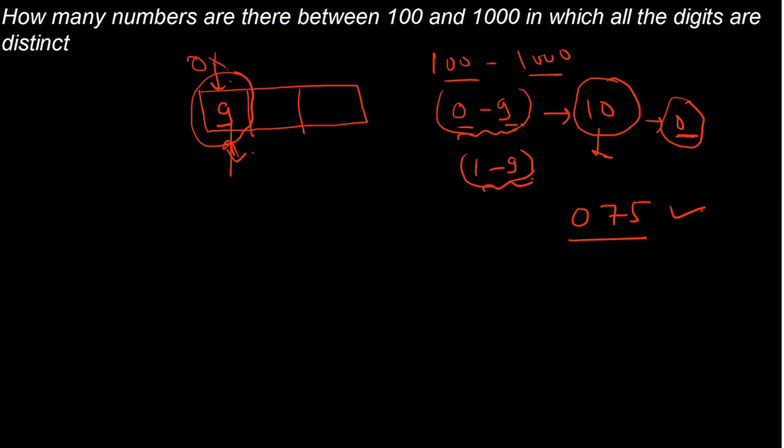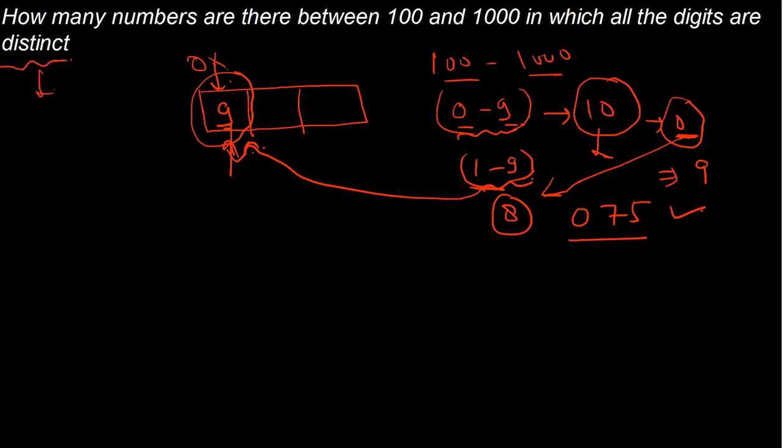After that, let's say one number has been placed over there. Now you have 8 options from this set, and now you can also put 0 over there. Because repetition of digits is not allowed, the digits must be distinct, meaning different.